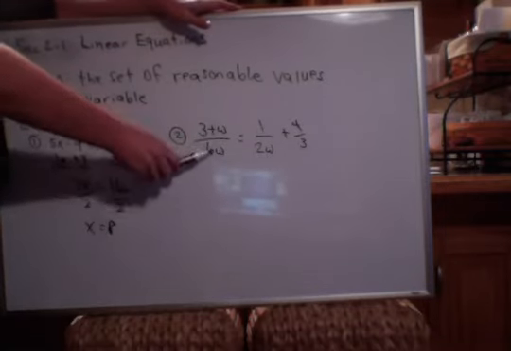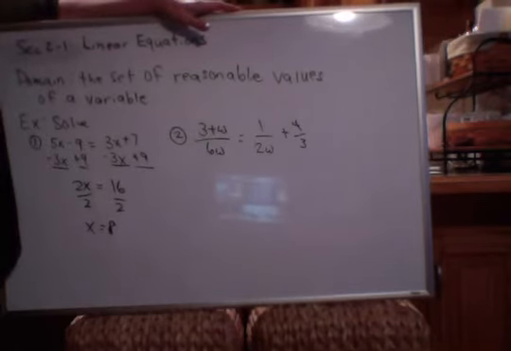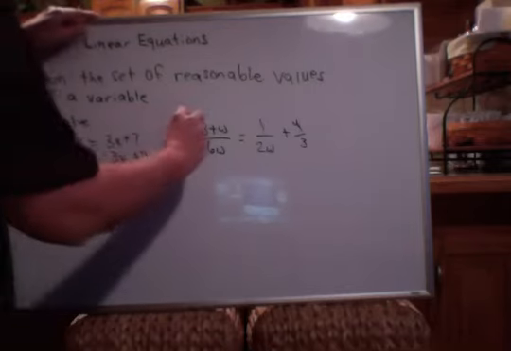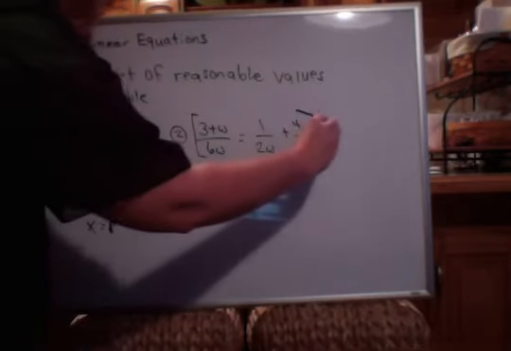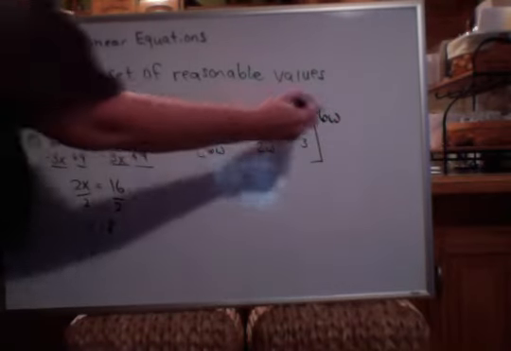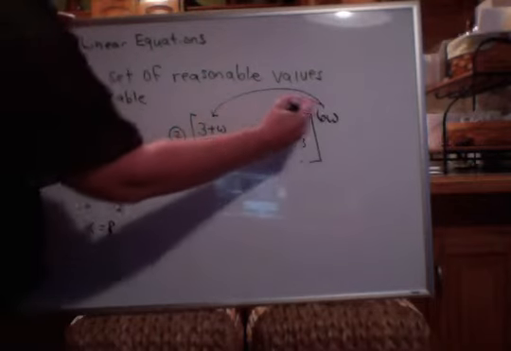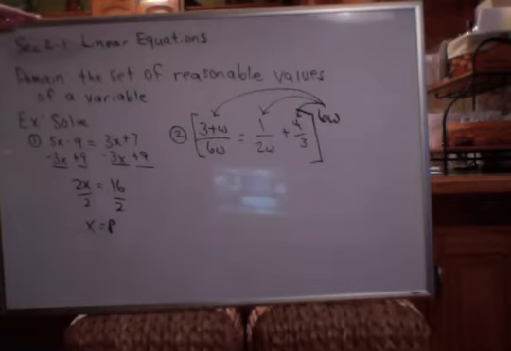So if I look at 6w, 2w, and 3, I'll find that I need to multiply everything by the common denominator, which is 6w. So I'm going to show that this way, with some brackets. And I'm going to show you the way that this works. We're going to give each term a factor of 6w.